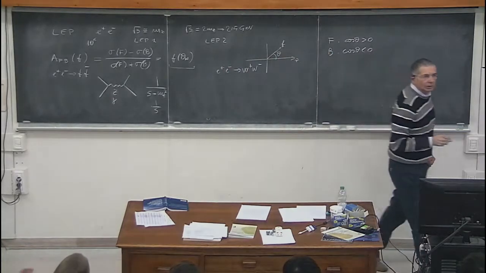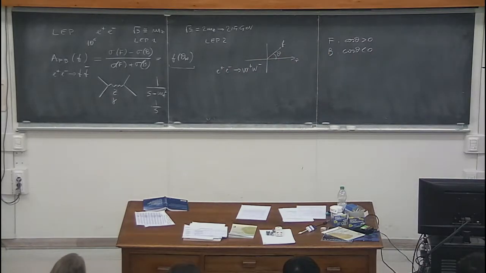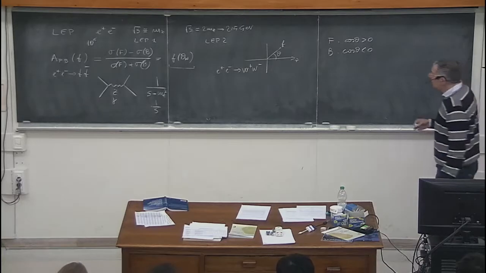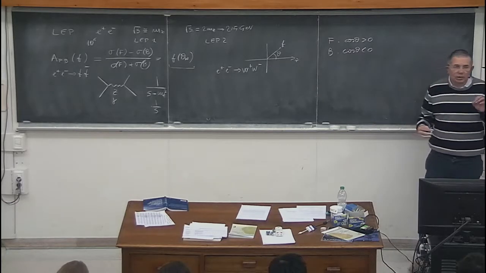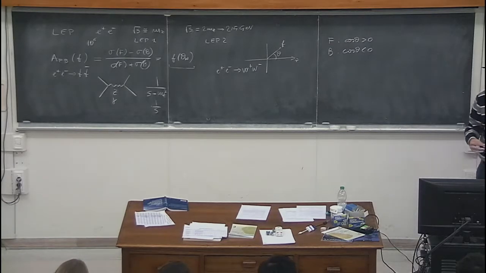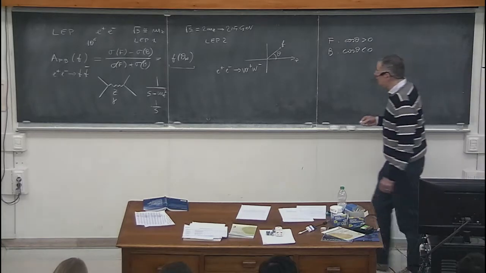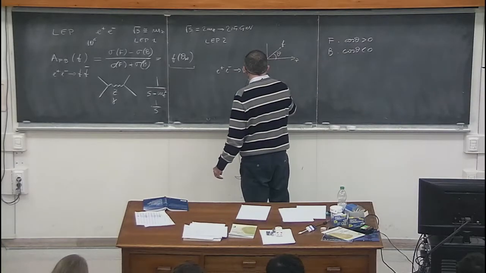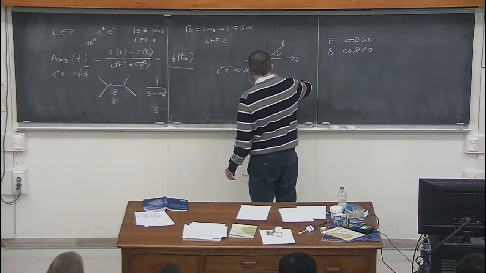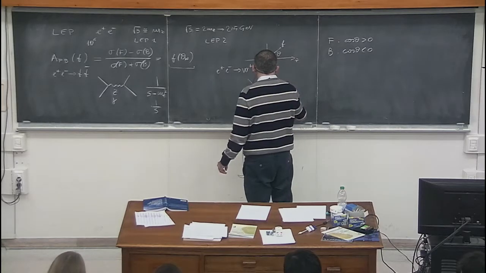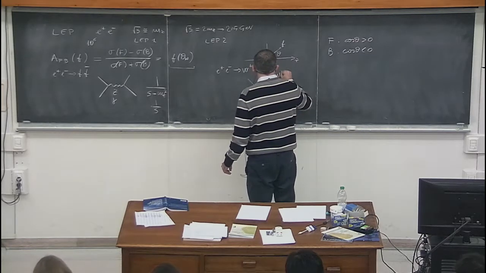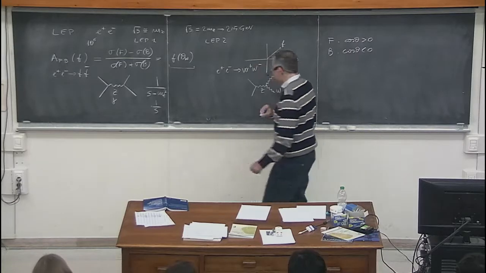And this means that you can test the presence, not only the presence, but also the size of trilinear gauge couplings. You have, for example, diagrams like this, which affect the calculation of the cross-section for e plus e minus into W plus W minus.